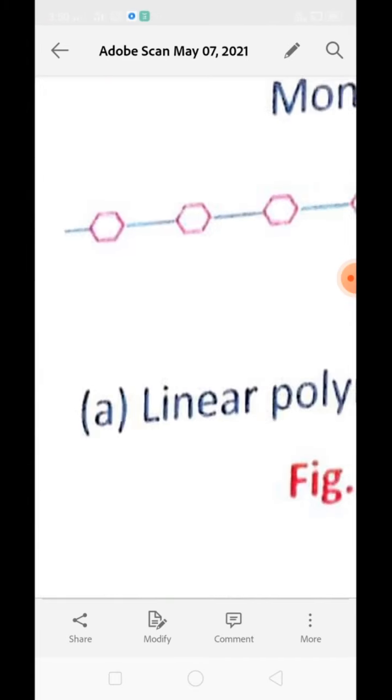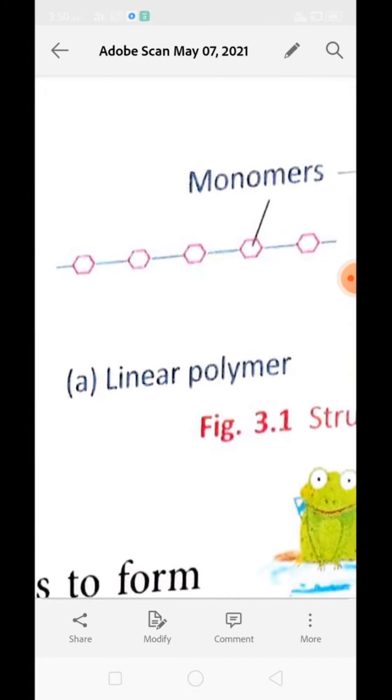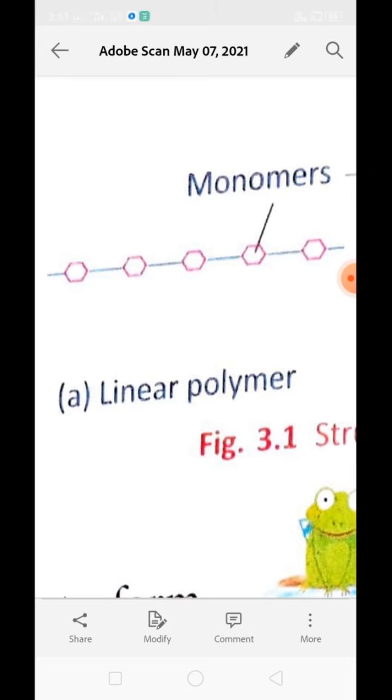When we look at the whole chain-like structure having many smaller units combined together, it is known as a polymer. So monomers are the small units which join together to form a polymer, and polymers are long chain-like structures formed by the fusion of many monomers. Thousands of monomers when joined together form the polymer.